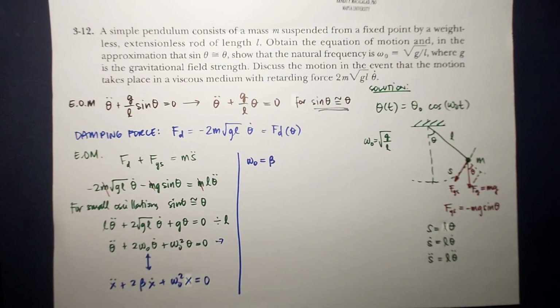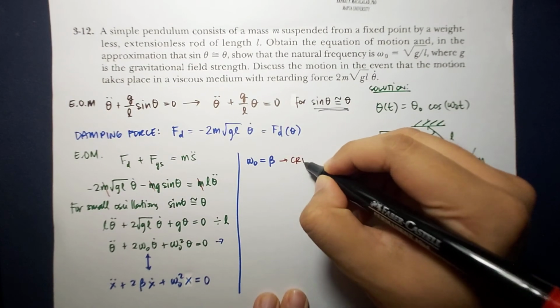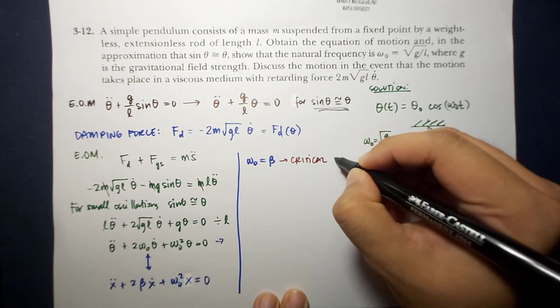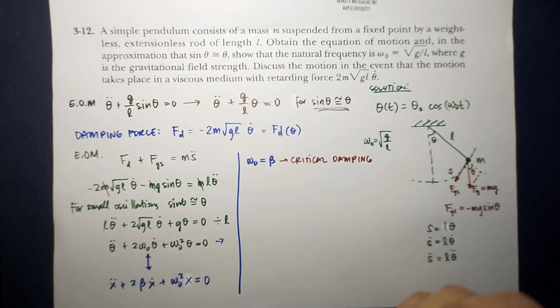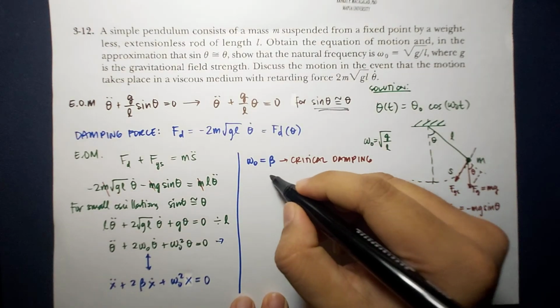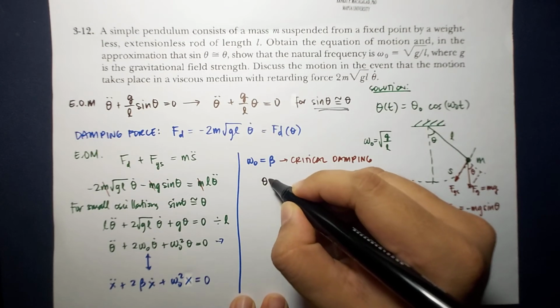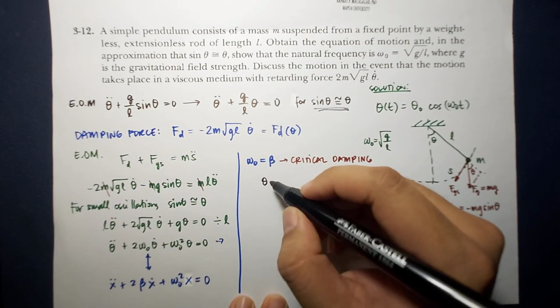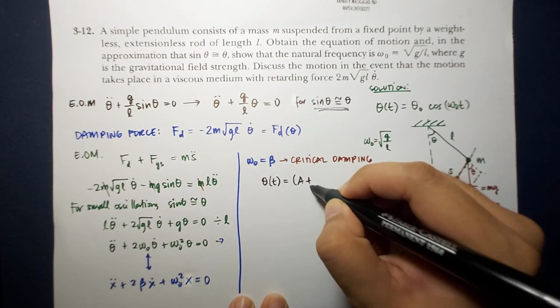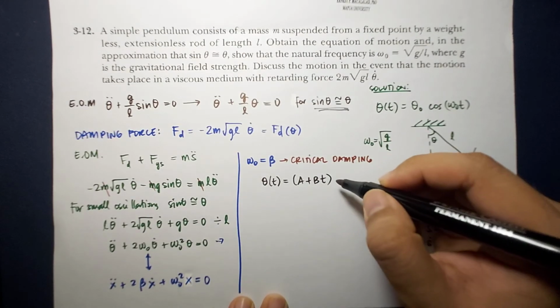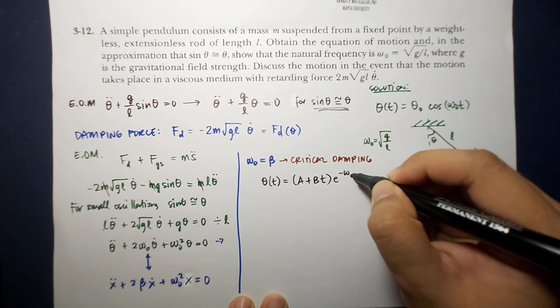So this is actually a case of critical damping, where the solution to critical damping is theta as a function of time equals (A plus Bt) e to the negative omega naught t.